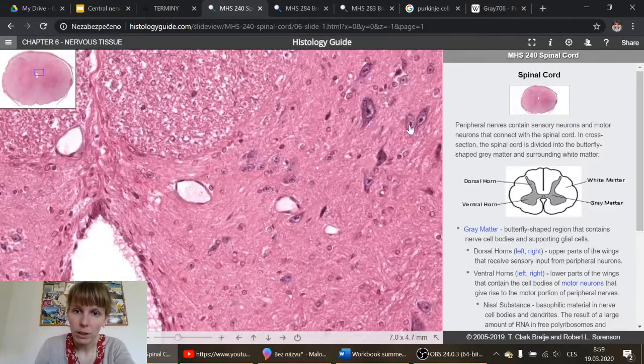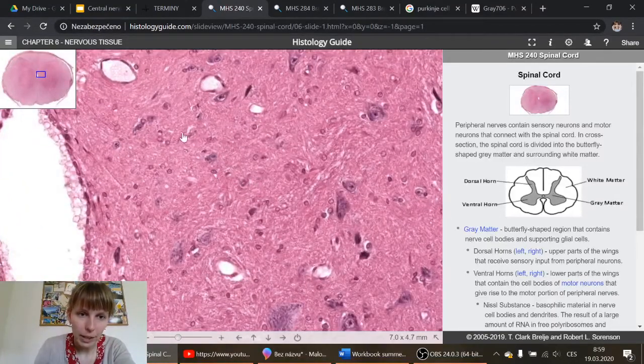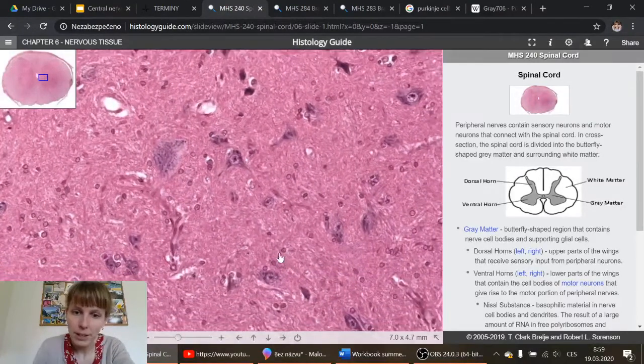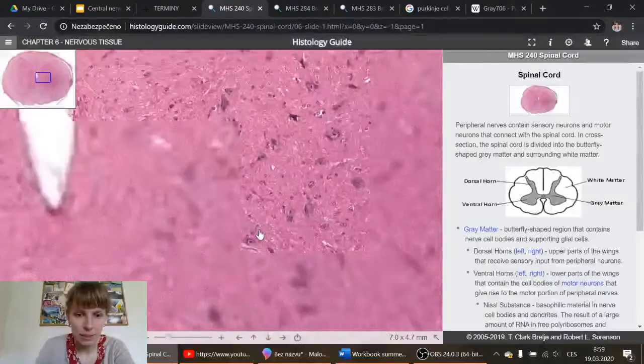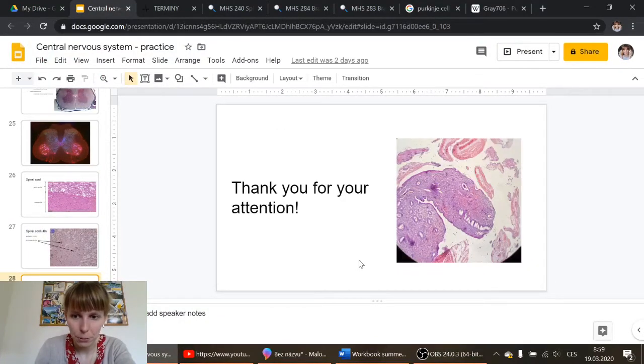These are all big neurons, and the small nuclei will most probably be glial cells, such as astrocytes and microglia and stuff like that. Okay, so that was spinal cord, and that's the end of the first part.